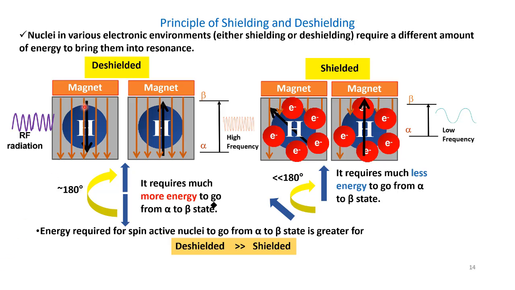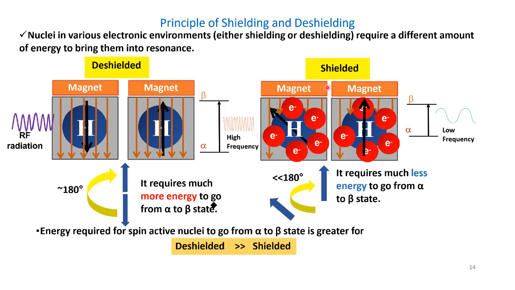So suppose it is deshielded, that means first it was in the alpha state, and after absorbing the RF radiation, it will change itself or flip itself to the beta state. So it will require very high frequency. So we have to apply more Tesla power of the magnetic field. So the energy required in the deshielded form will be very high.